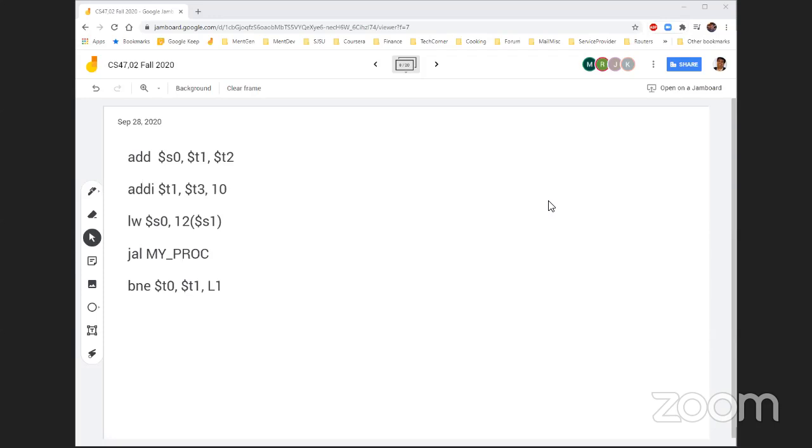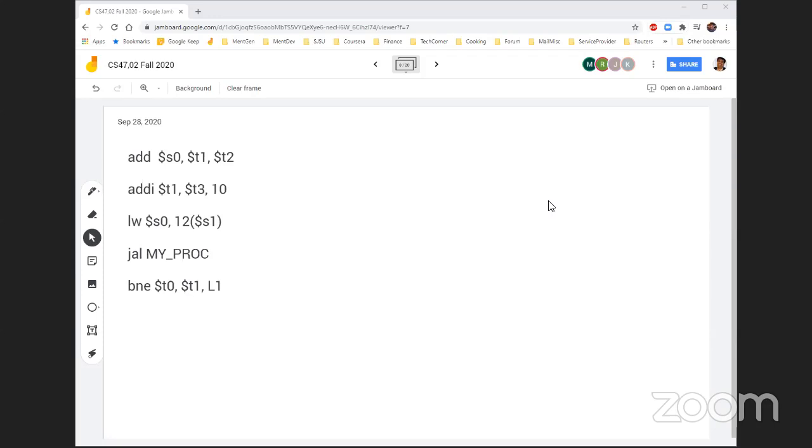Like any language, it doesn't matter whether you are learning an assembly language or a high-level language like Java, C, C++, or a scripting language like Python or Perl or Tcl, whatever it is.